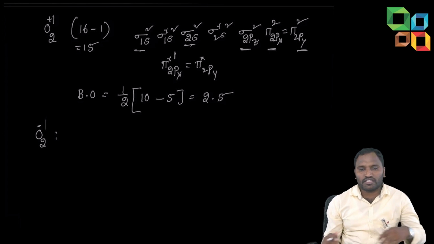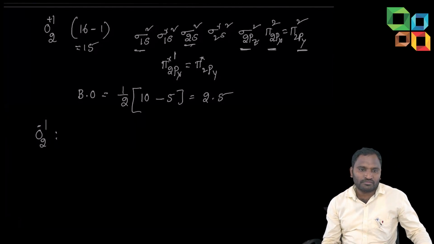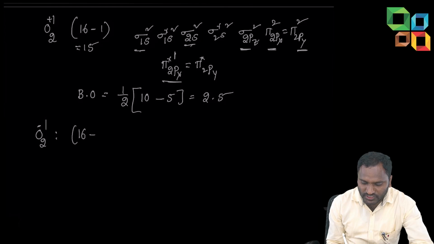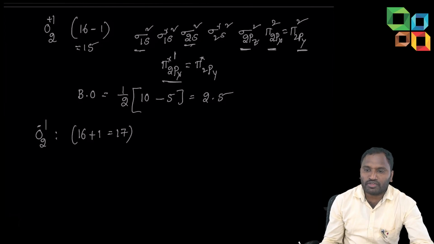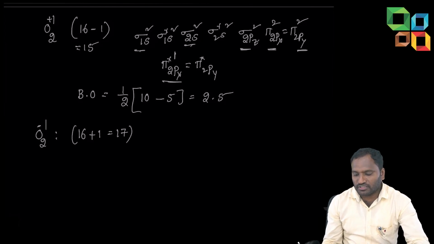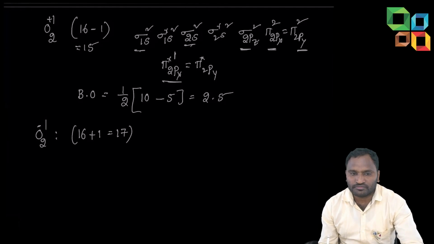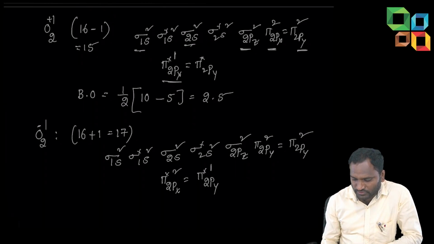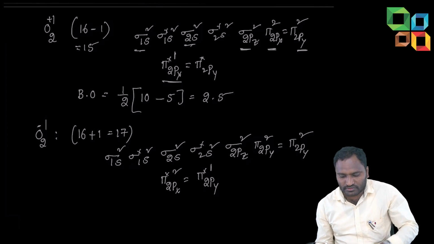Otherwise, diamagnetic. Tell me, para or dia. O2 contains 16 electrons. Minus 1 means it gains one more electron. So 16 plus 1, 17 electrons. So 17 electrons arranged in this order and tell me what is the bond order.